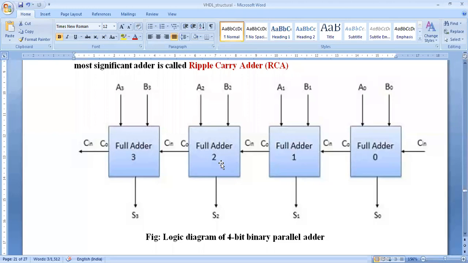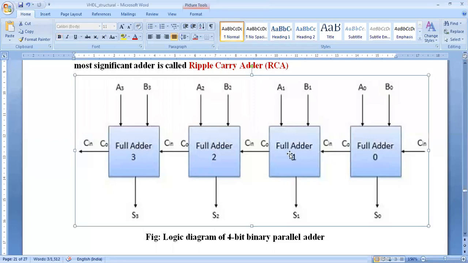So on. It performs the multiple-bit addition and produces the output in parallel, corresponding to the input bits. Here you can see the logic diagram of a 4-bit binary parallel adder.